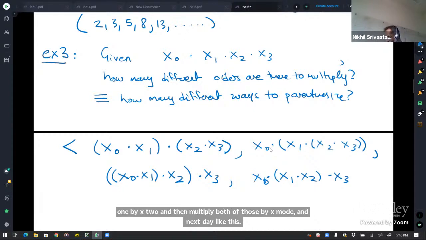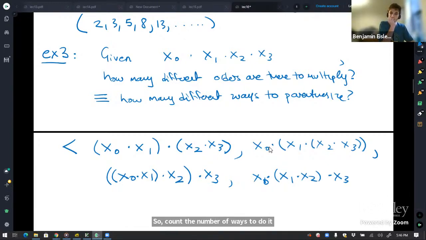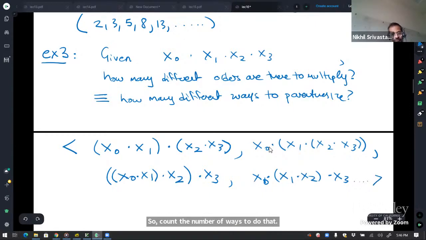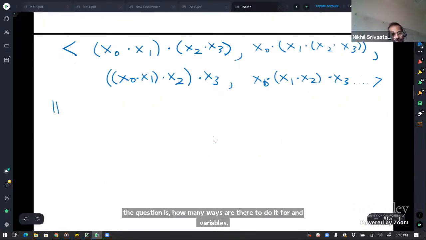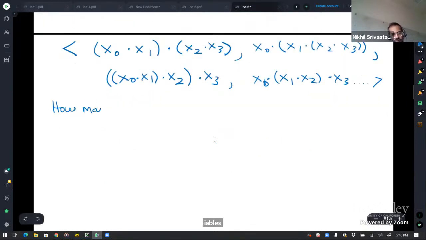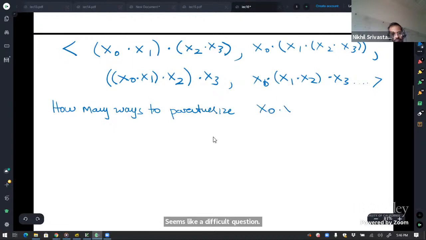So I'm trying to count the number of ways to do that. And the question is, how many ways are there to do it for n variables? So it seems like a difficult question. N plus 1 actually turns out to be more convenient.